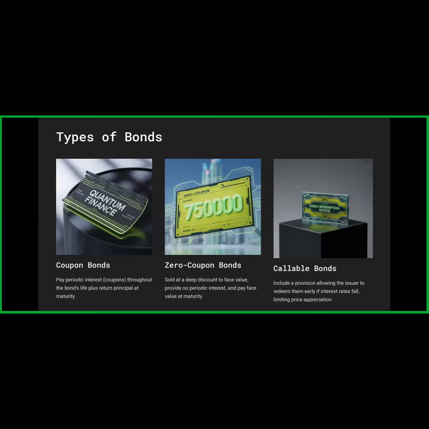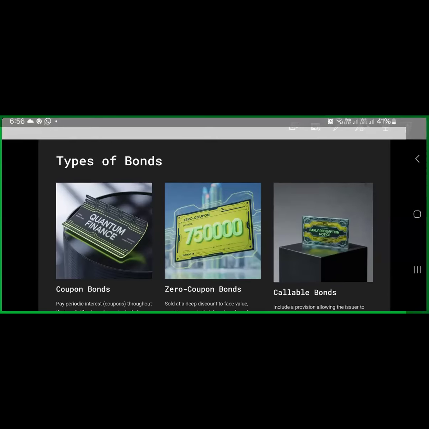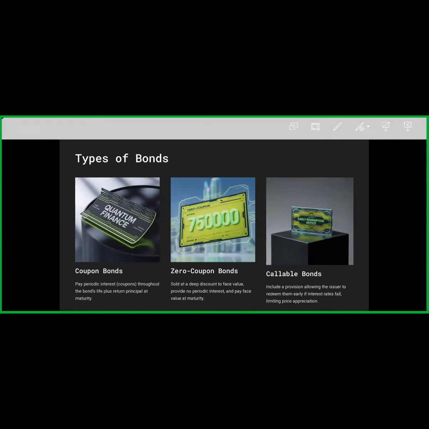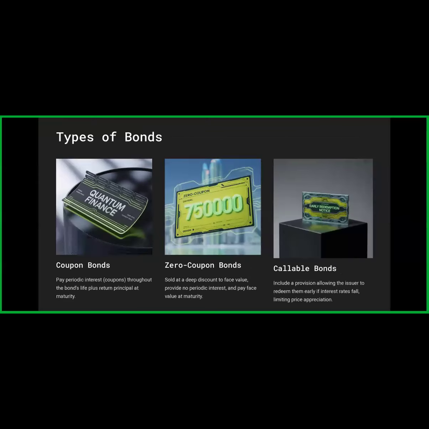So the banks can send a notice to the company that we want our funds, our loans, back because the interest rates are going down. The banks think that now the loan is not that worthy, so that's why they may redeem early. So these are the callable bonds.